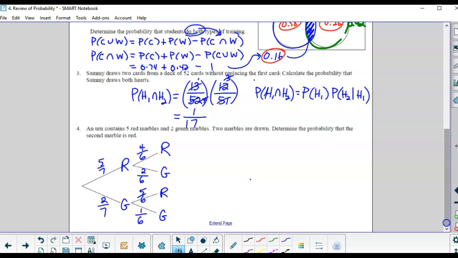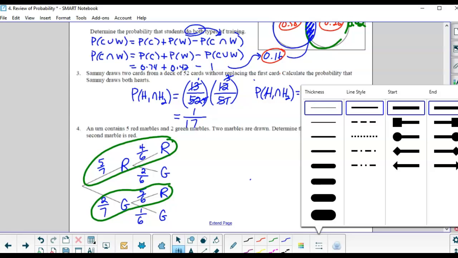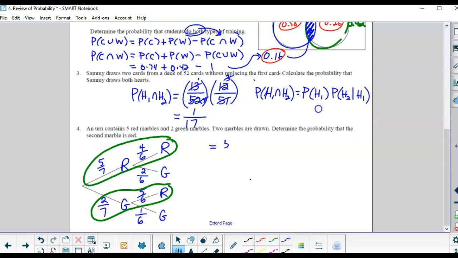So here, determine the probability that the second marble is red. Well, that's this and this, 2 places. So this is going to equal 5/7 times 4/6 plus 2/7 times 5/6. And that's why it's easier not to reduce it, because now we have a common denominator of 42.